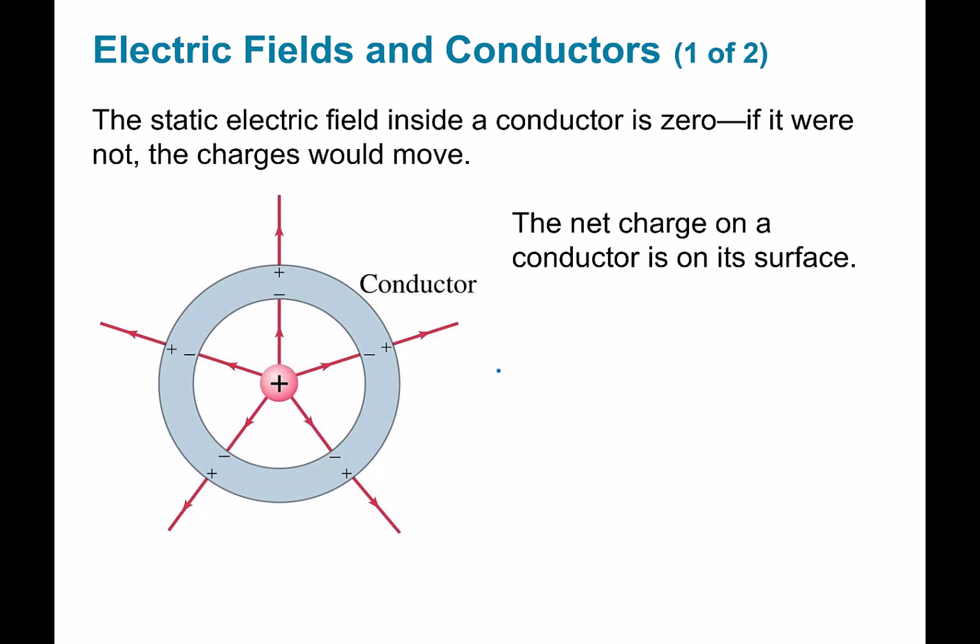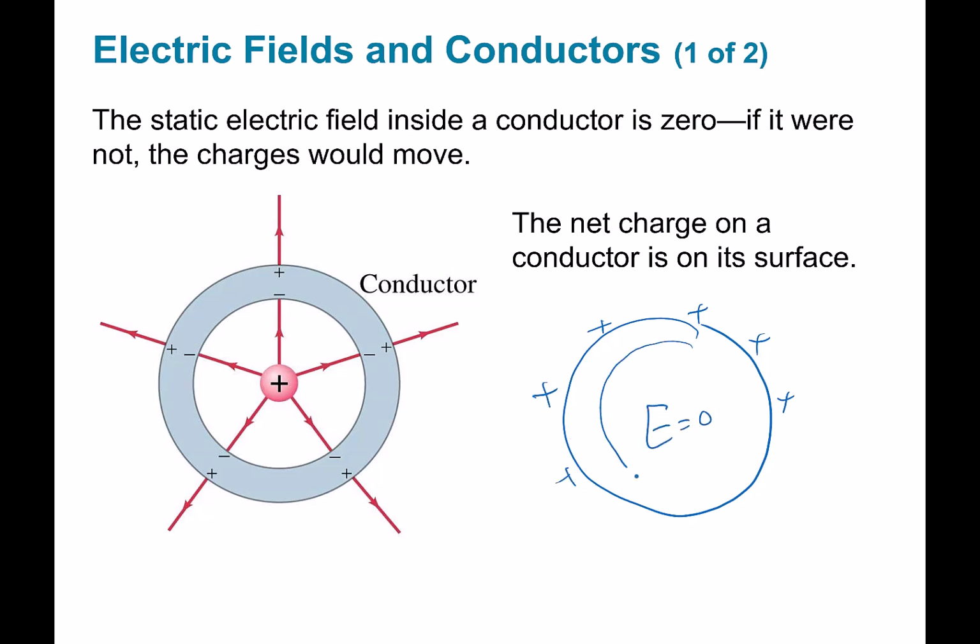Some electric fields show static electric field inside the conductor. So if there is a hollow sphere and charge is dumped on it, or if it is charged, the electric field inside is always zero. So if this is a ring which is charged, the field at the very center is zero.